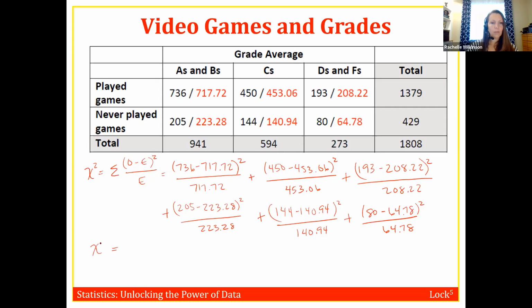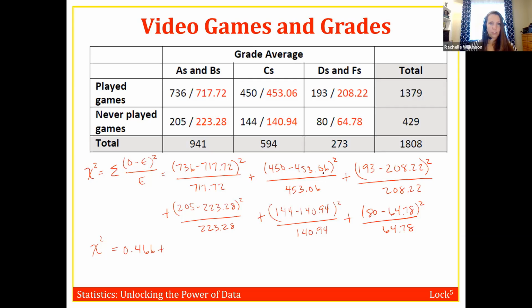Starting with the first one here. I have 736 minus 717.72, which gives me 18.28. I square that and then divide that by 717.72. And I get 0.466.